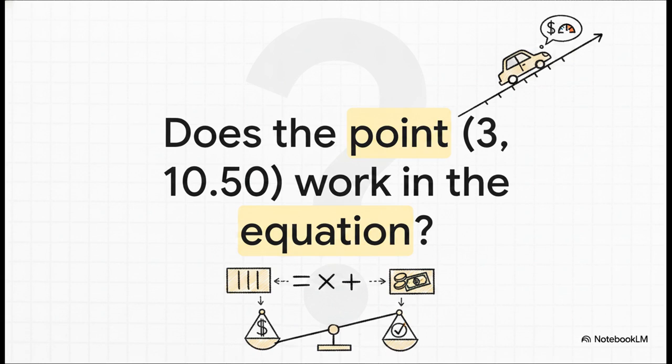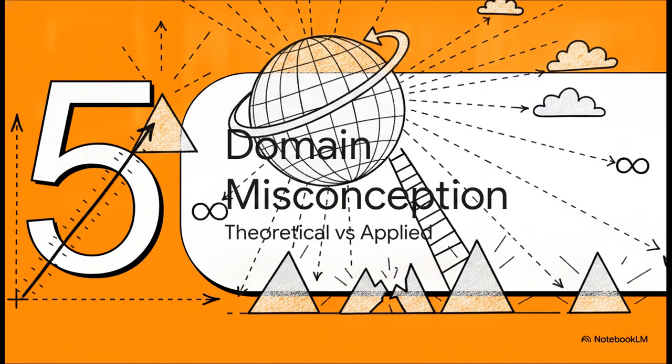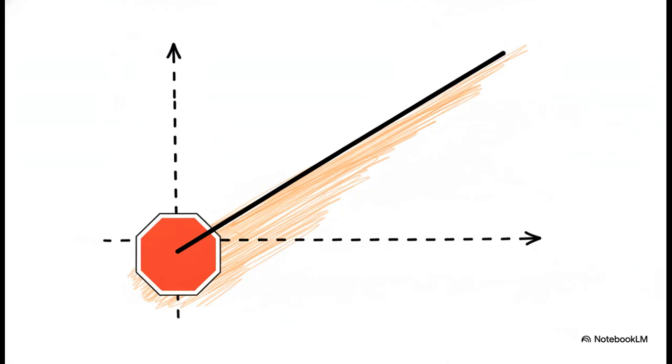How satisfying is that? Let's dive into Section 5, the domain misconception. Okay, here is a really crucial mathematical pitfall we need to talk about. We have to correct the misconception that b is always a meaningful starting value outside the context domain. See, a theoretical mathematical line, the kind with arrows on both ends, extends infinitely in both directions.